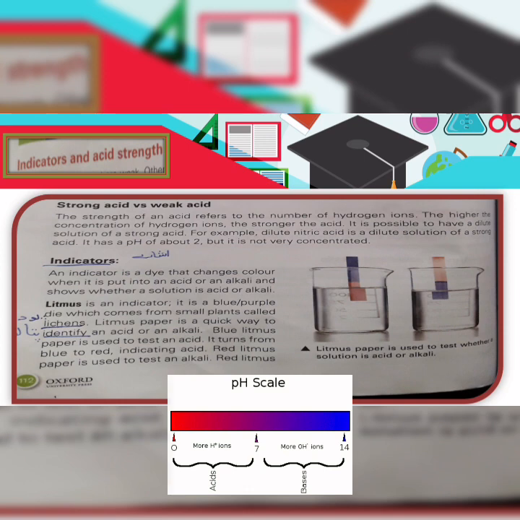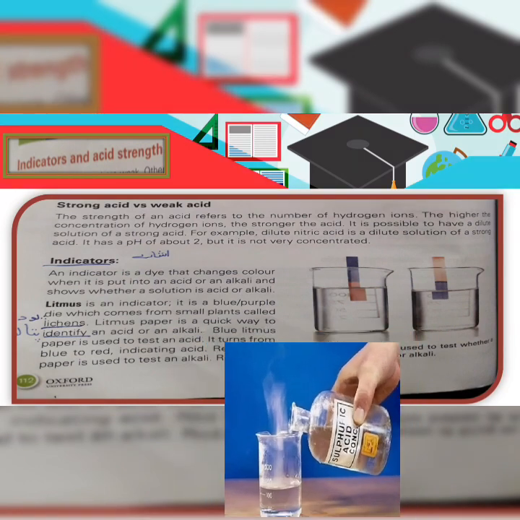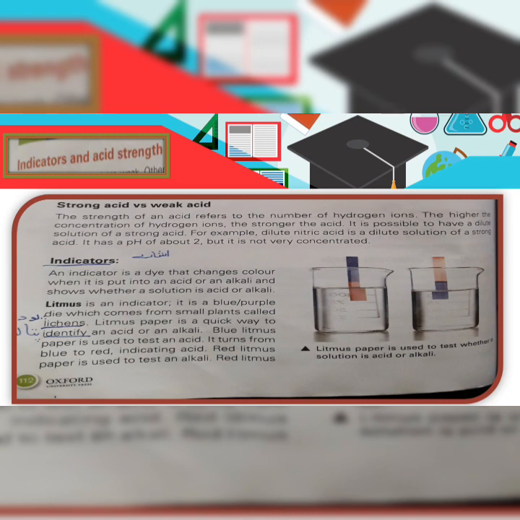For example, we can say that the sulfuric acid is a strong acid, but it is also possible to have a dilute solution of any strong acid. For example, dilute nitric acid is a strong acid because it has pH value of 2, but it is not very concentrated.